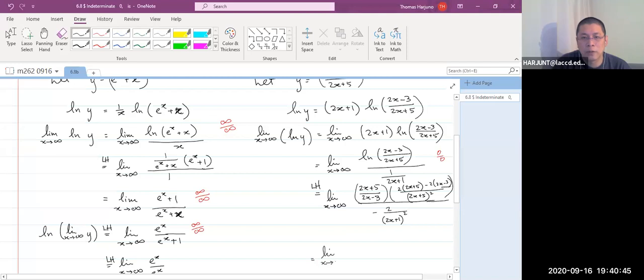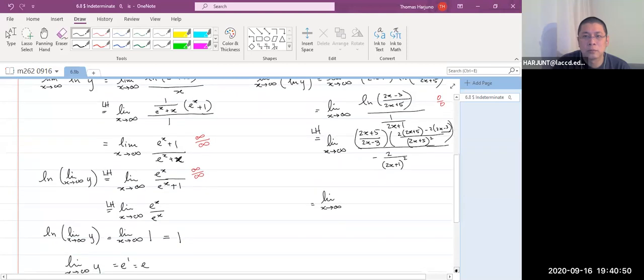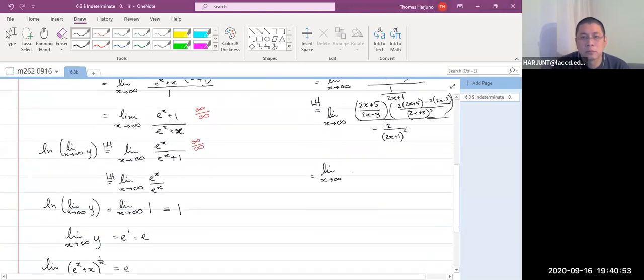As x goes to infinity, negative 2 over (2x plus 1) squared, and on the top, one of the factors cancels, so I get (2x minus 3)(2x plus 5), while on the numerator I will get 4x plus 10 minus 4x plus 6.